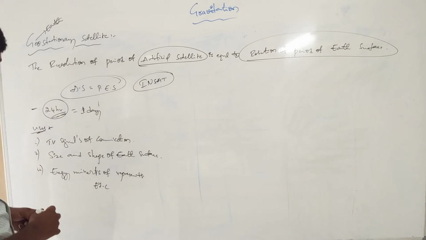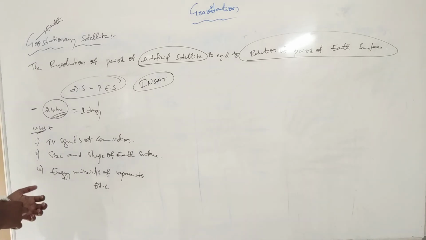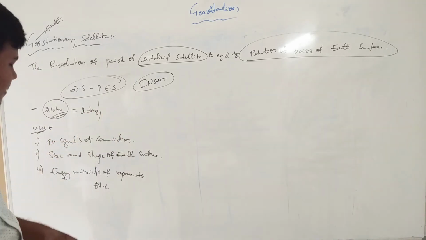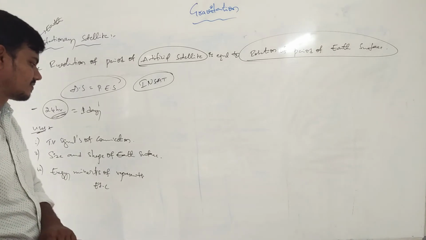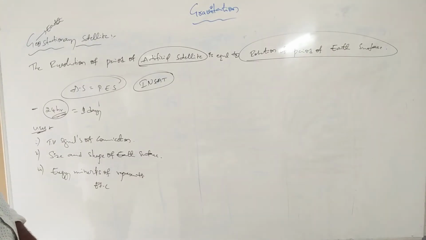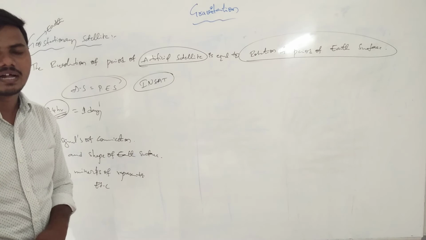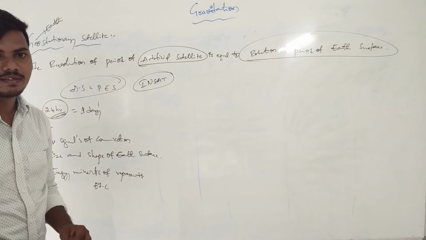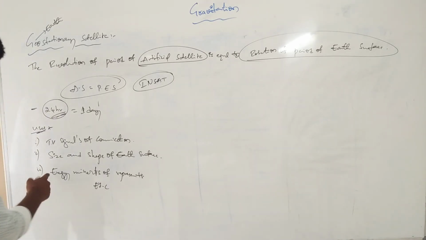So the uses are TV signals of communication or broadband. Second, size and shape of the Earth's surface. Now energy minerals: using the atmosphere also, to identify energy minerals.